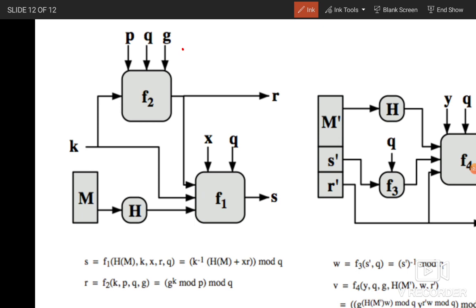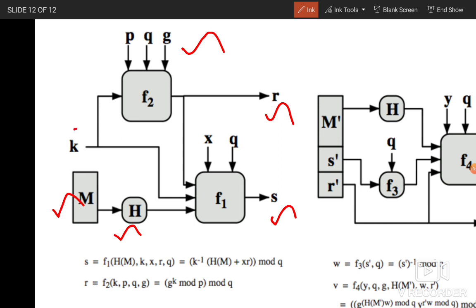So as I told, we have the global values P, Q, G. From the original message, we have created the hash code. I told in the signature we have 2 components S and R. To create S, we are using the function called F1, and to create R, we are using the function called F2.